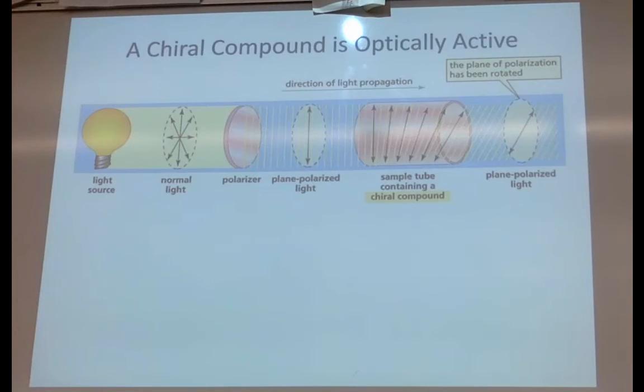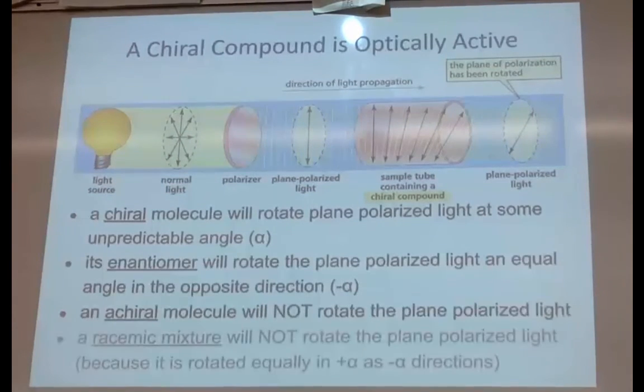And so some of these definitions are in the intro activity and in your slides. A chiral molecule will rotate light. Its enantiomer will actually rotate the light in a different direction. So if you have a chiral molecule rotating light clockwise, its enantiomer will rotate it counterclockwise.